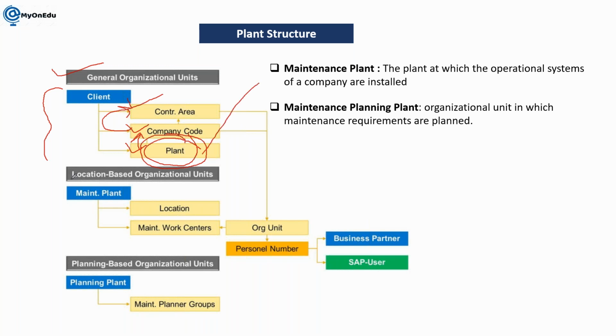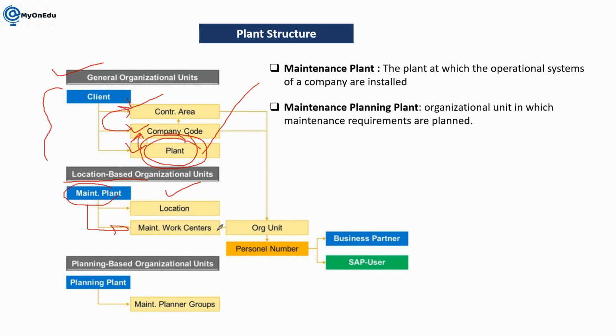Here, in the location based organization unit, the maintenance plant will have a location and it will have a maintenance work center. The maintenance work center is nothing but a craft. It is a group of workers who are going to work on the maintenance. We call it a maintenance work center, meaning the people who are going to perform the maintenance.